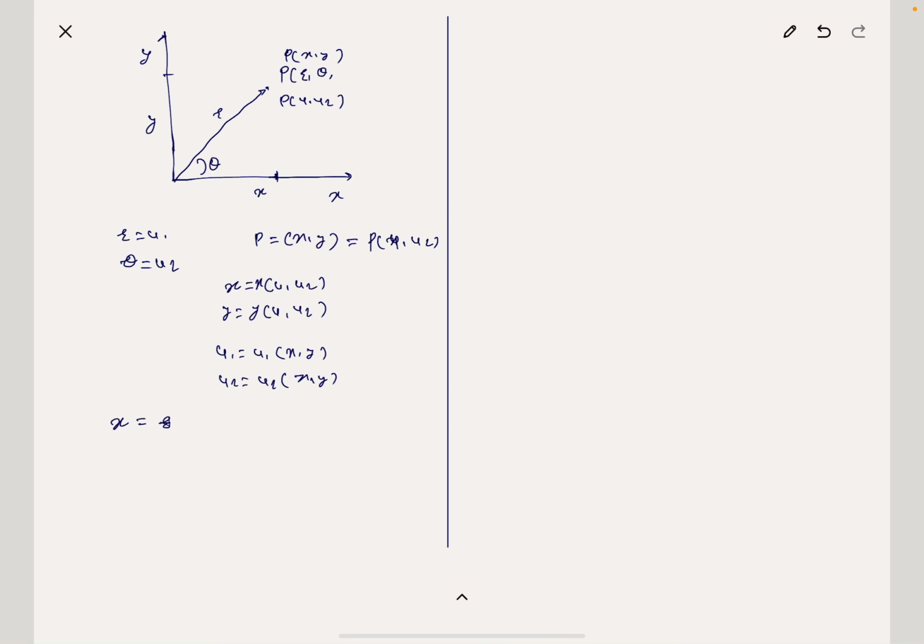x is equals to r cos of theta, so this is equation number 1, and y is equals to r sin of theta.